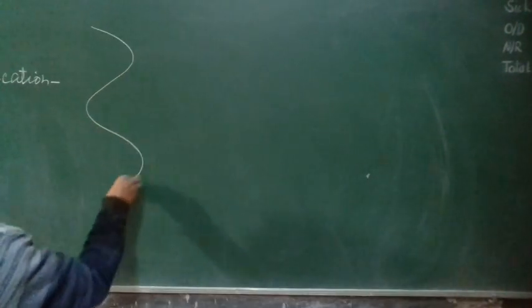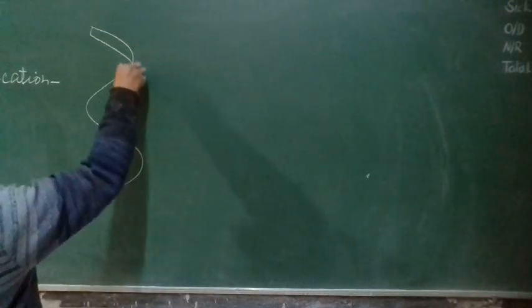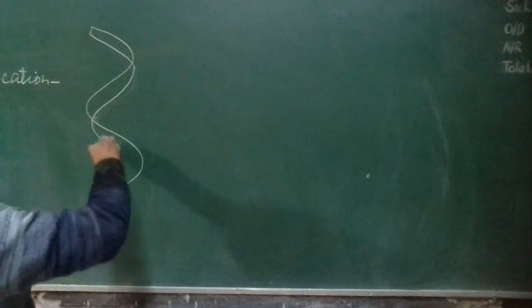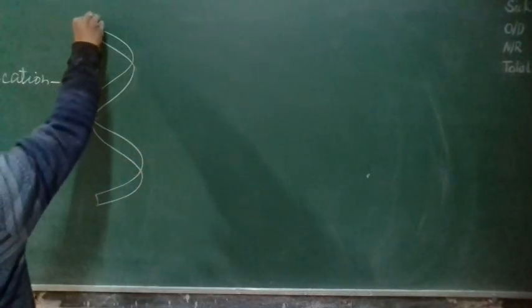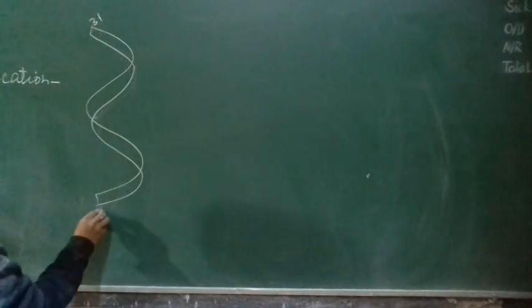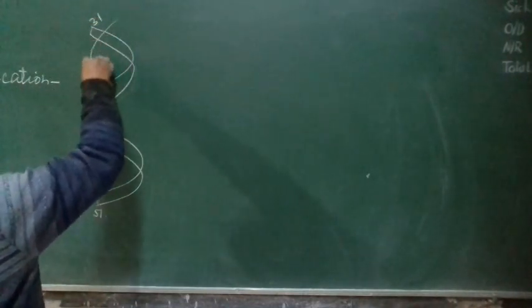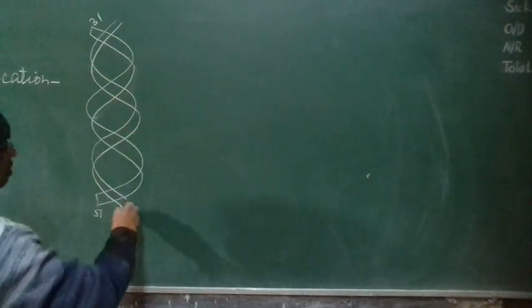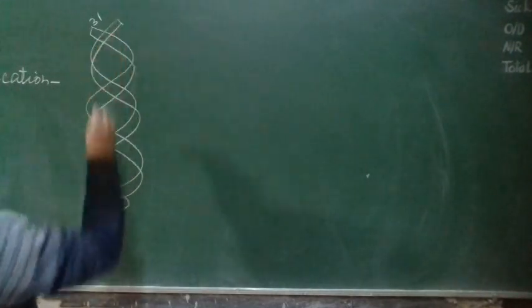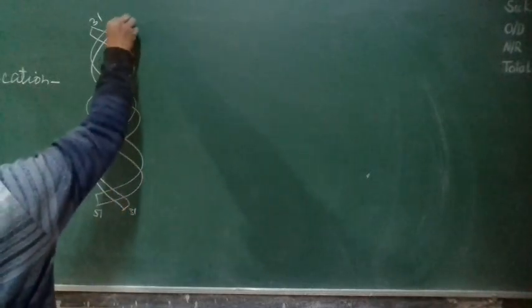Suppose here is one DNA. It contains here 3' to 5' polarity, and the other helix on this DNA is 5' to 3' polarity.